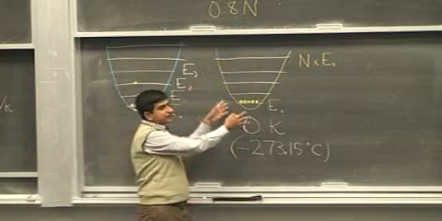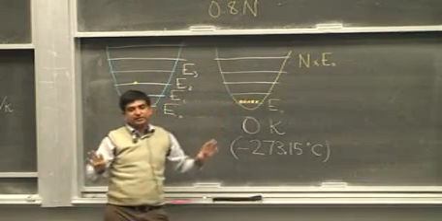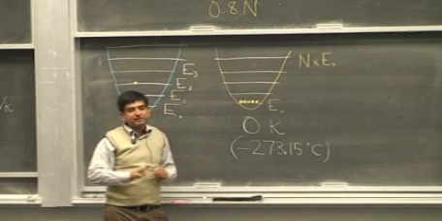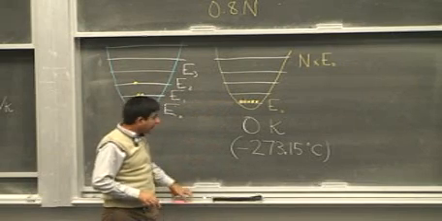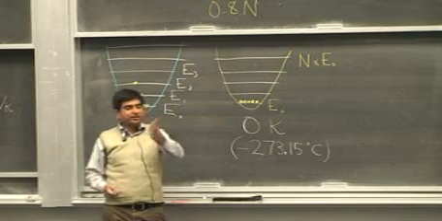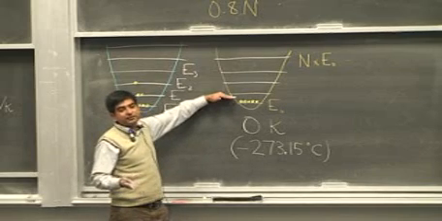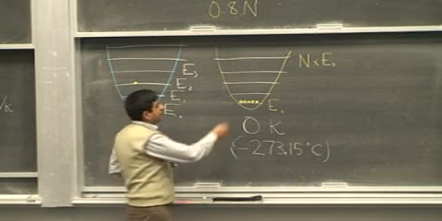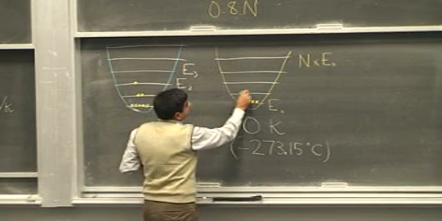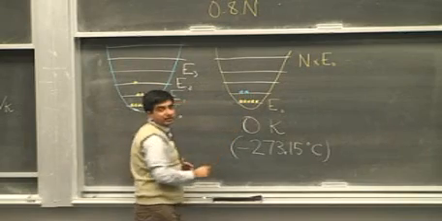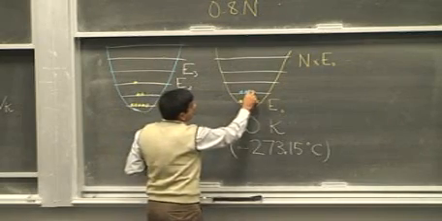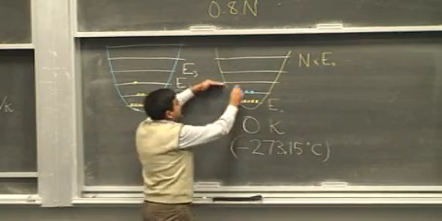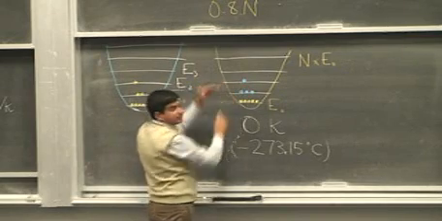I've just drawn one oscillator and I put a large number of circles in it. Let me just finish, I'll answer your question. Now if I increase the temperature, some of the higher energy levels will be populated. Alright? For example, I can get some population in E1. I can get some population in E2. And so on.